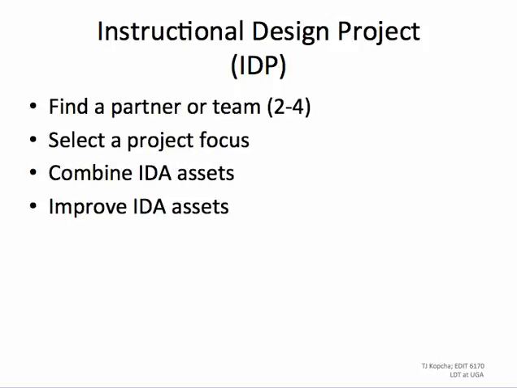Now, if you can find a project team really early in the semester, you can actually break up the work of the project so that each of you is doing individual work on the activities, but it all comes together for the project. So what you basically do is on the first or second week of class, you figure out how to split up the project into two pieces.